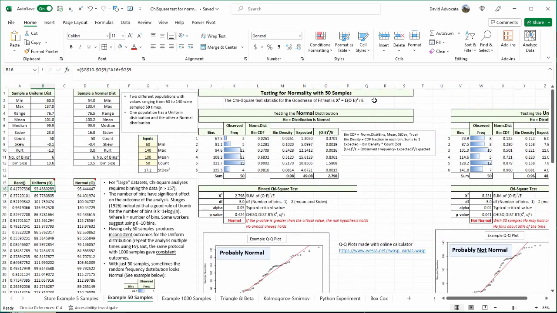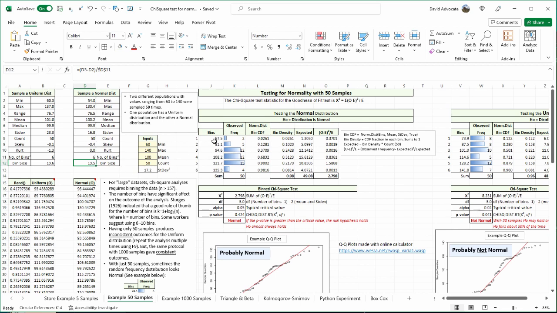The binning process requires us to use the chi-squared formula, which is the sum of the observed minus the expected squared divided by the expected. And we've applied it here to this bin data set. So I've used Sturges's calculation to determine the number of bins, and I've calculated a bin size based on the range of the data.